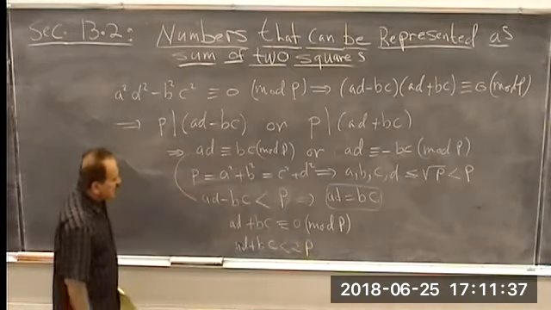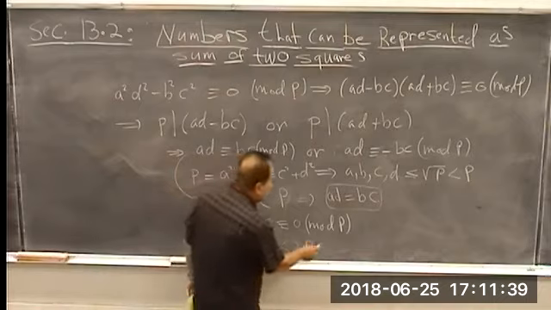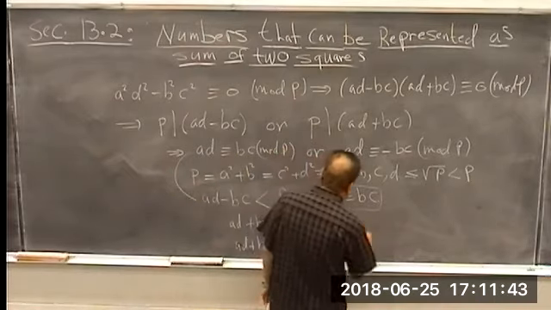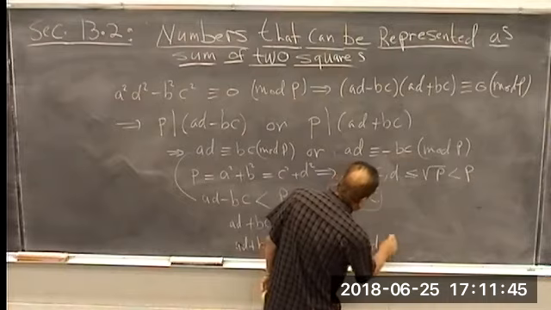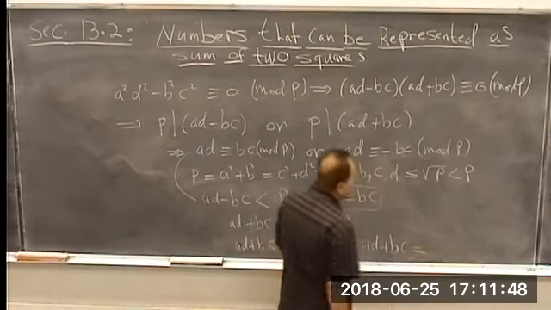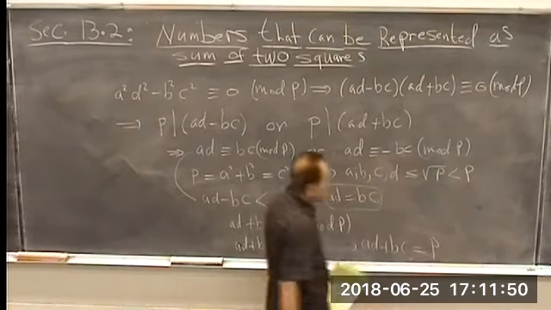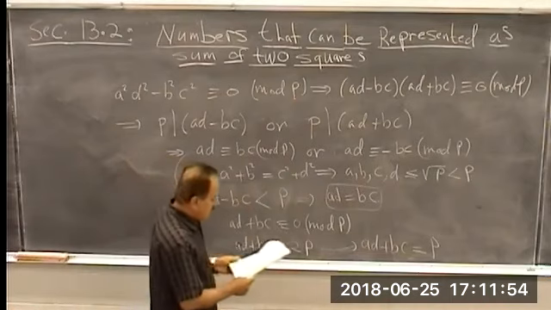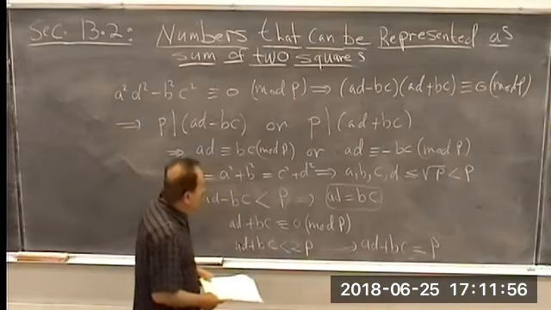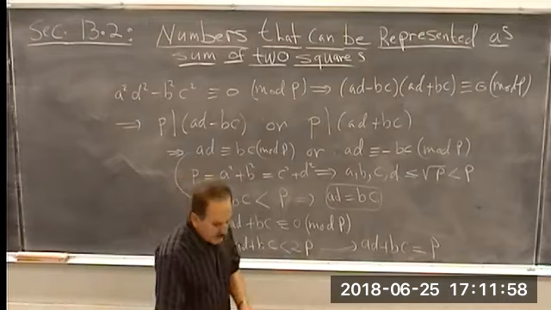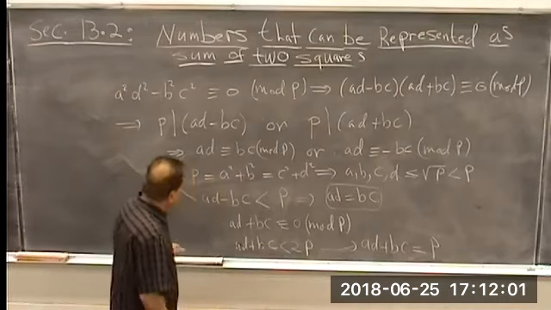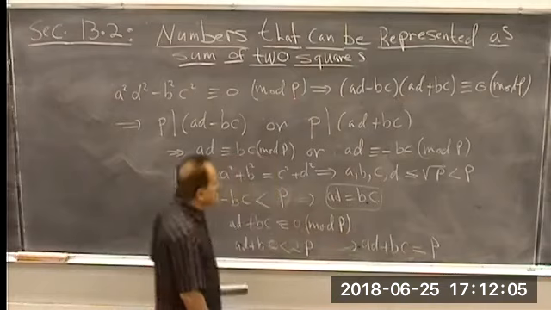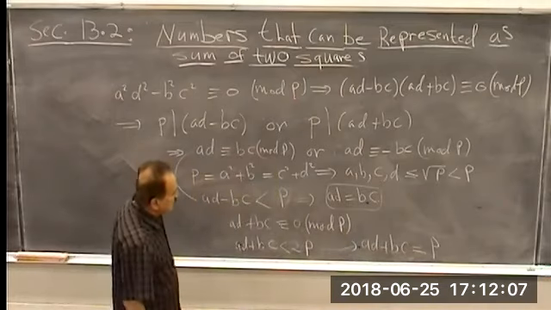All right, and since these are congruent to each other mod P, AD plus BC may actually equal P. All right. Now let's see what. So we have equality in here, and in here this could equal P.